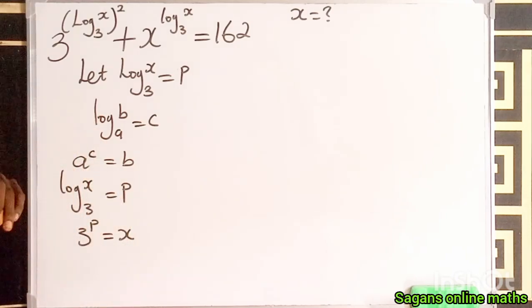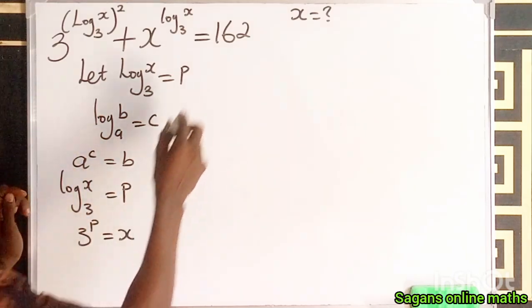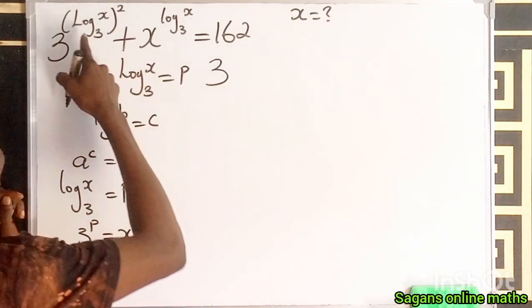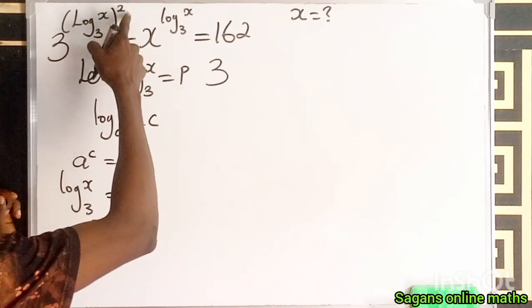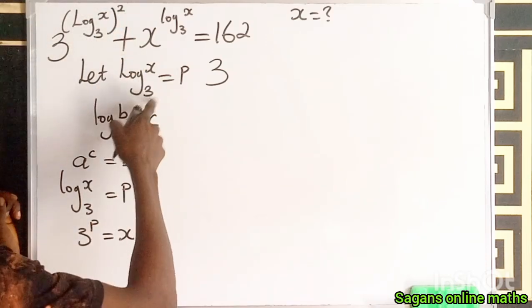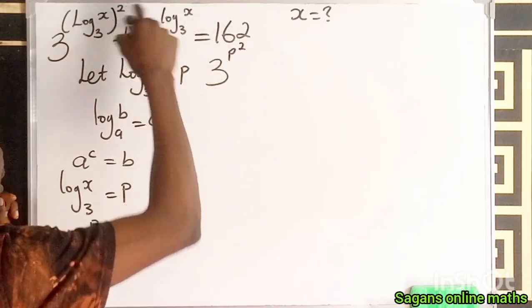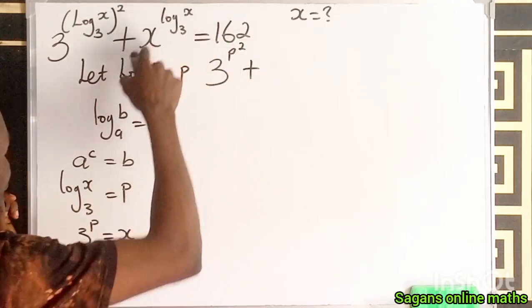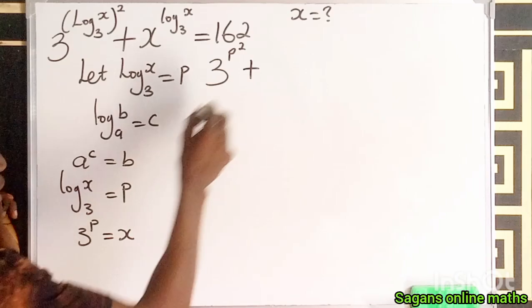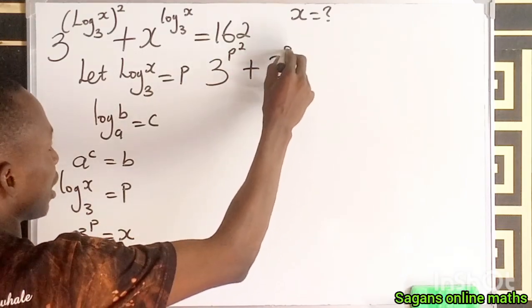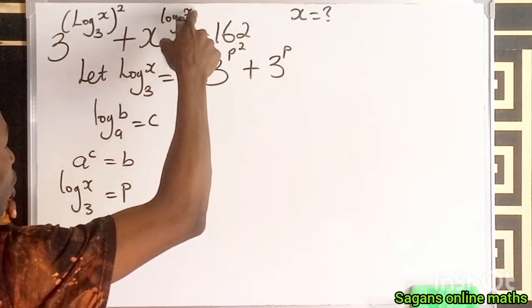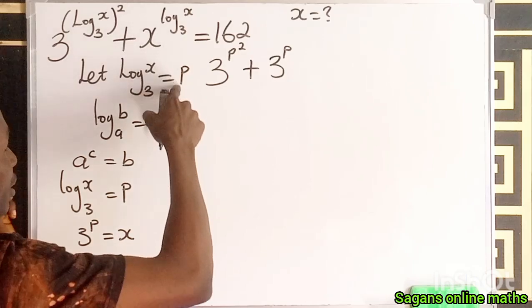Now let's go back to the question. The question is 3 to the power of (log x base 3) squared. I know that log x base 3 is p, so I have p, and the power was square. Plus x, which is 3 to the power of p, and the power here was log x base 3, which is p.